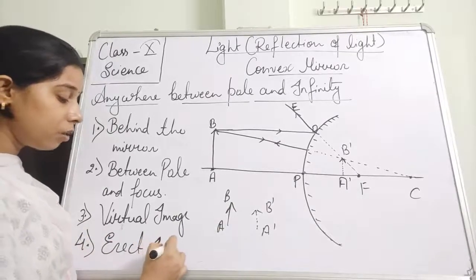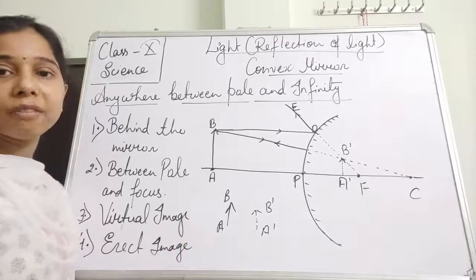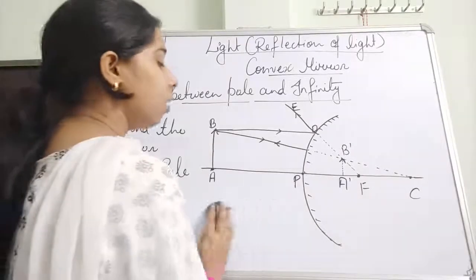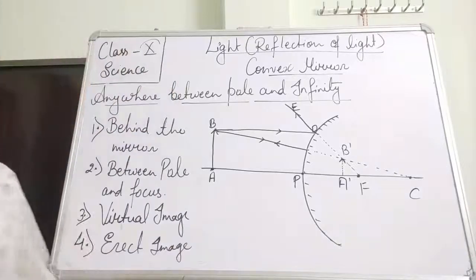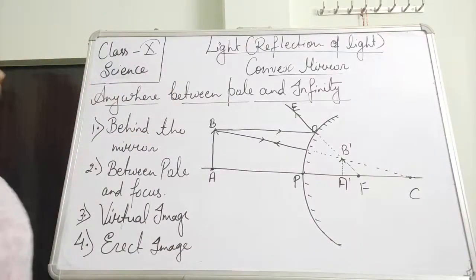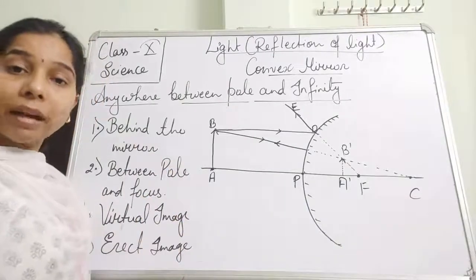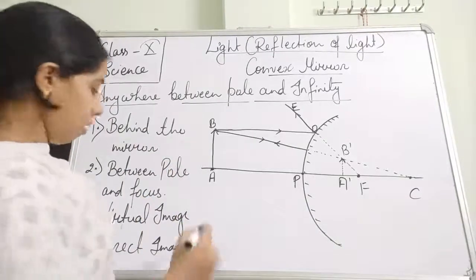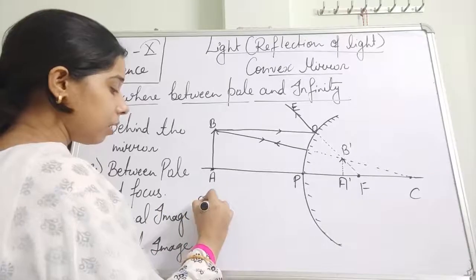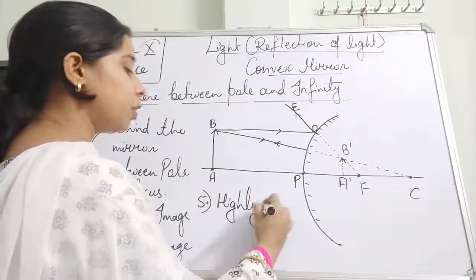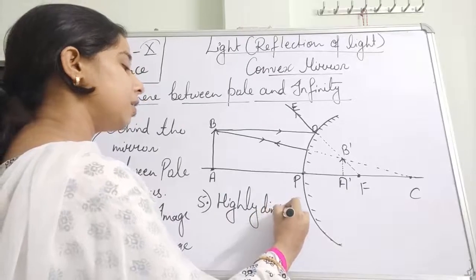Now another thing, students, what is the nature of the image? Okay, means is it highly magnified or small? Yes, absolutely. The size of the image will be highly diminished. Means very small than the object. So fifth one, I am writing it here, students. The size of the image will be highly diminished.